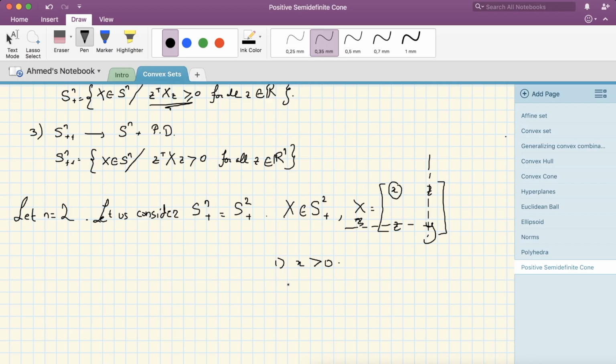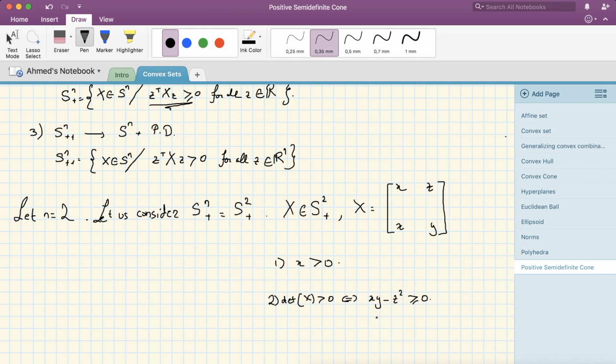Now there's another principal minor which is obtained by deleting nothing. So with that being said, we need that the determinant of x is positive. So what is the determinant of x? It's this guy times this guy minus this guy times this guy, right? It's xy minus z squared, which is positive, right?